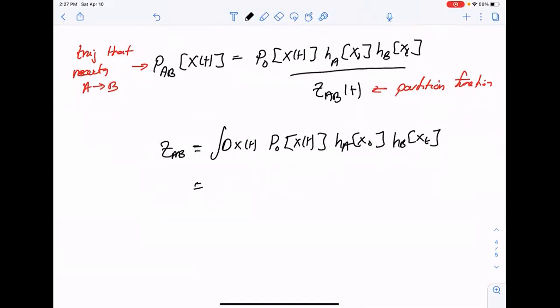It's an integral over a probability that starts normalized. And so one can consider that path partition function as an expectation value, h_A at 0, h_B at T, averaged, of course, within the dynamics described by P naught.